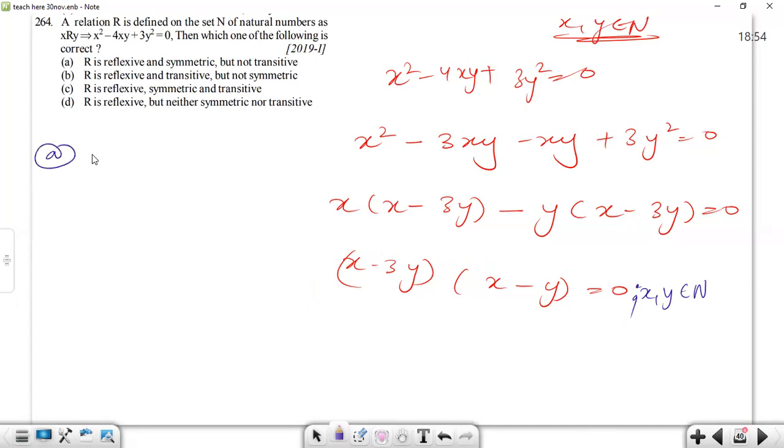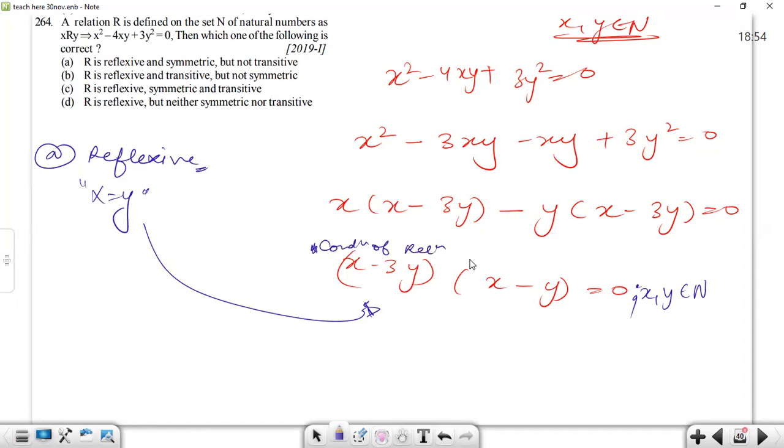So checking for a reflexive relation. For this particular relation, x has to be equal to y, and then this particular condition has to satisfy the relation's condition. So if we equate x equals y, will the left hand side become 0?